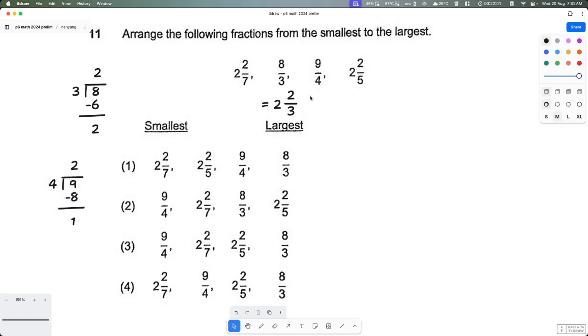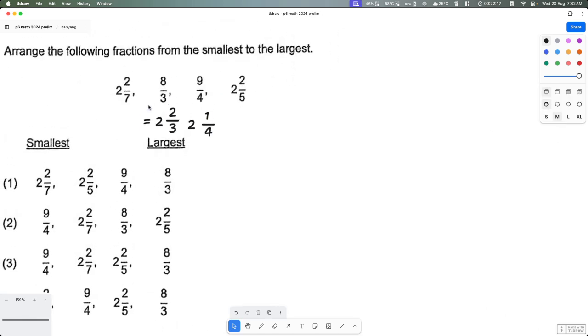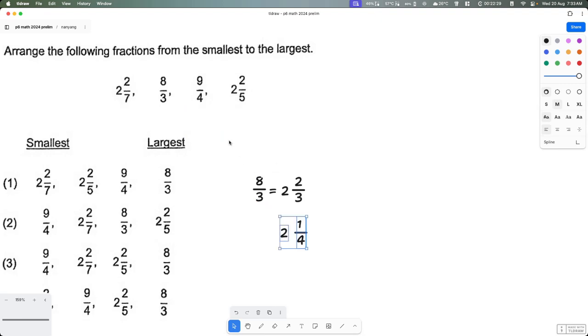So in this case, it's 2, then 1 over 4, sorry. 1 over 4. Okay, so 2 out of 3, this should be 8 out of 3. Okay, and then move this 2, 1, 4. Then we want to make this 9 over 4 instead.